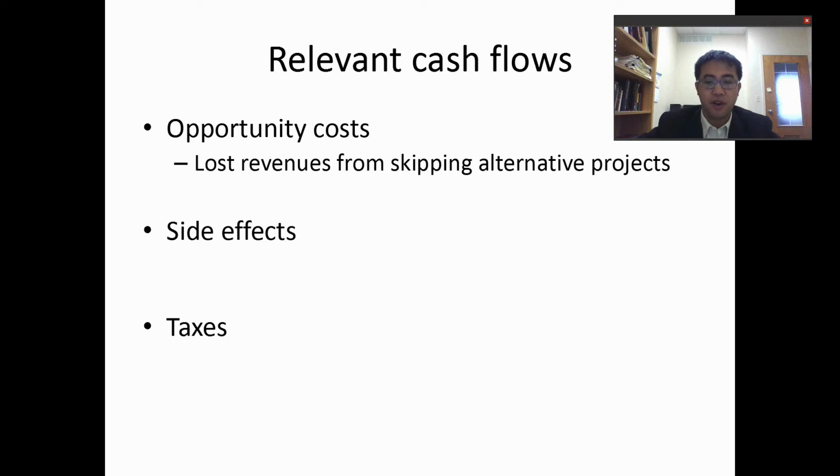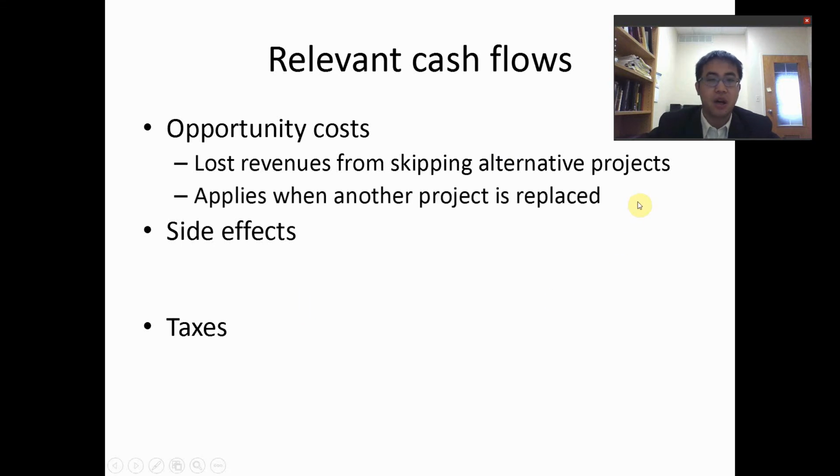That loss of revenue would be a negative cash flow you need to put in the table. Once again, the opportunity cost occurs only when a profitable project is replaced. For most of the questions in this chapter, the projects usually start from scratch. There's no old project to be replaced, so opportunity cost may be 0.